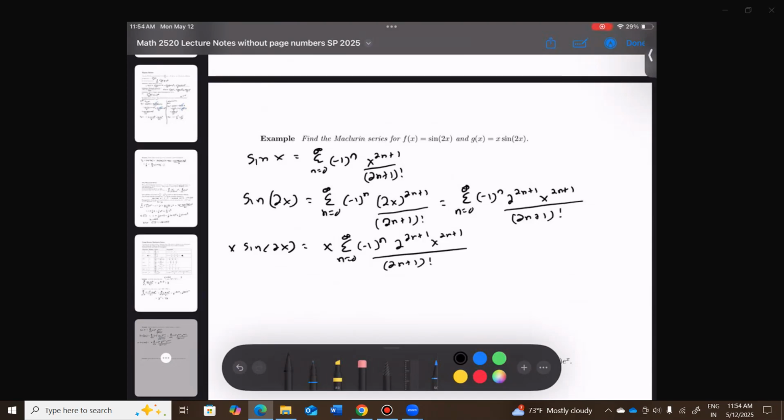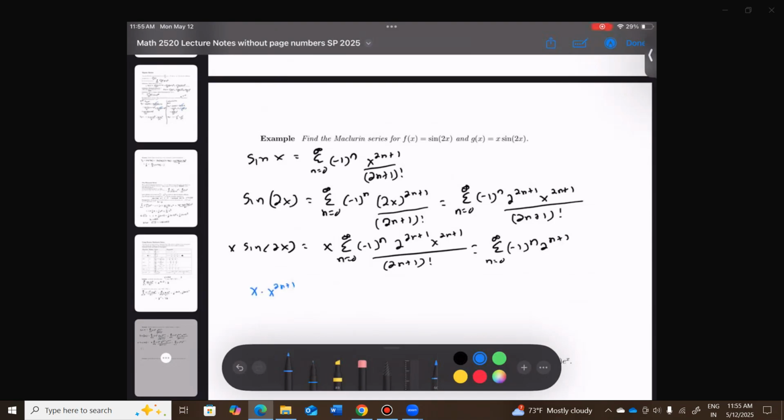Okay. And so we'll bring the x in. And so when I do that, I'll have x times x to the 2n plus 1.